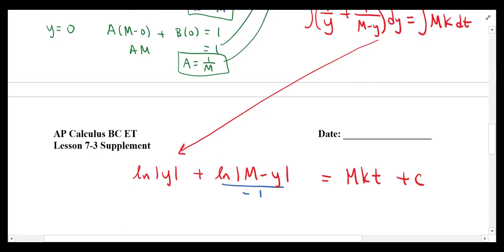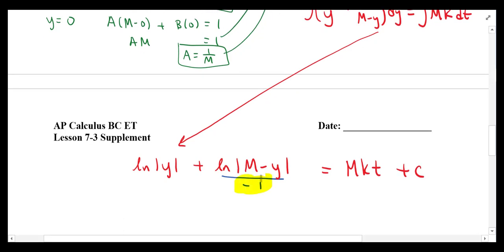Now, this -1 thing is what a lot of people forget, so let me just write it like the following. Natural log of the absolute value of y minus natural log of m minus y equals mkt plus c. This is the correct antiderivative of the expression we had before.